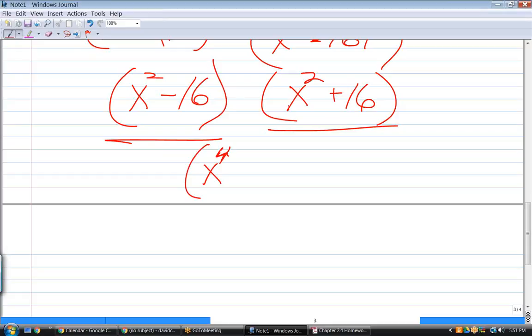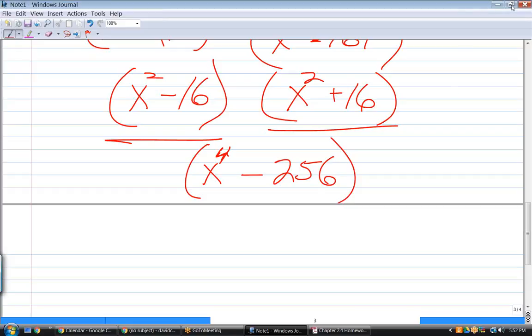Remember, if this is the result of difference of perfect squares, then we need to square that number to come up with this first number. And the middle number is minus, what's 16 squared? 256. There is the polynomial that they seek.